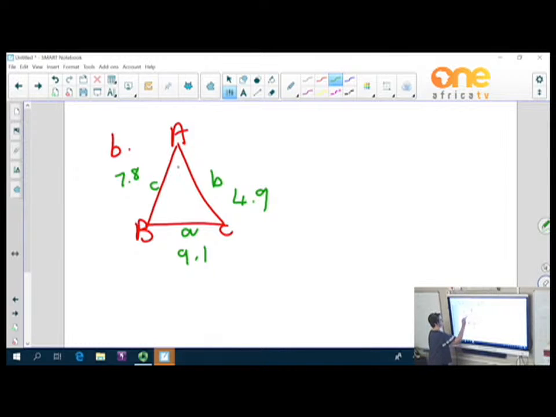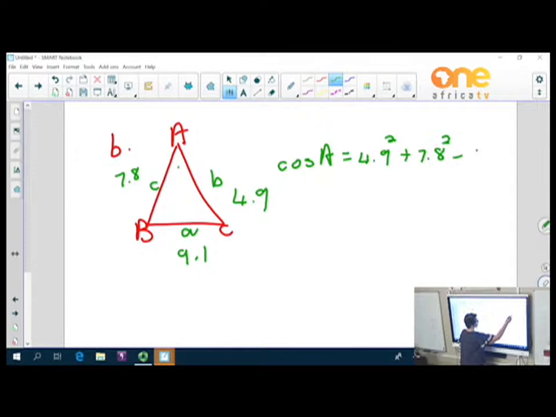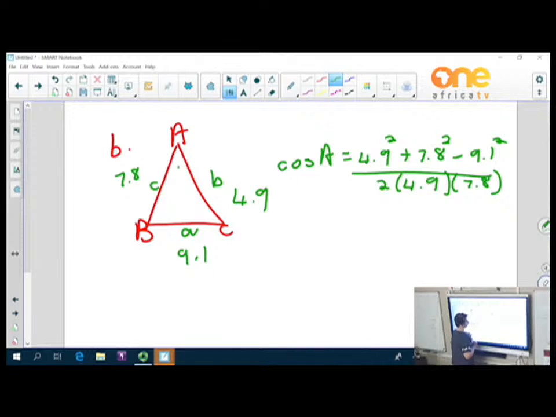Let's say we start there with A, angle A. So here we're going to subtract. So cosine A is then equal to 4.9 squared plus 7.8 squared minus 9.1 squared over 2 times 4.9 times 7.8, the first two there.